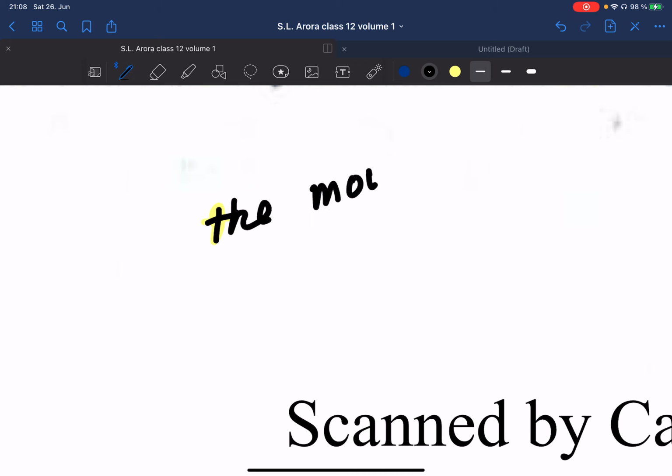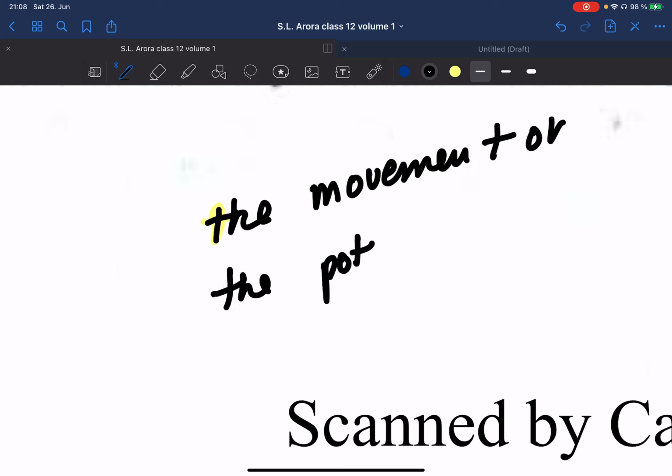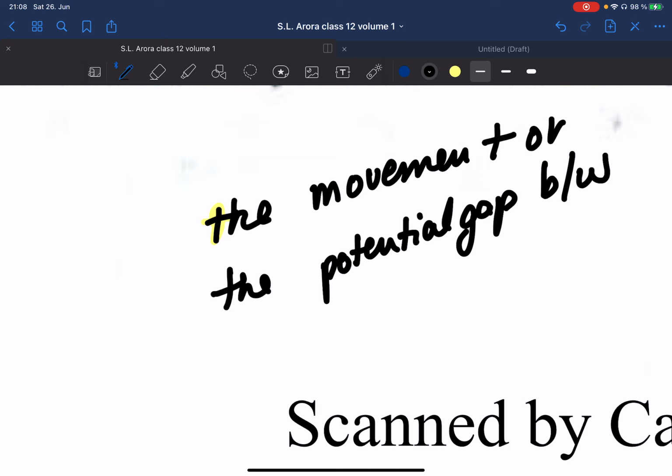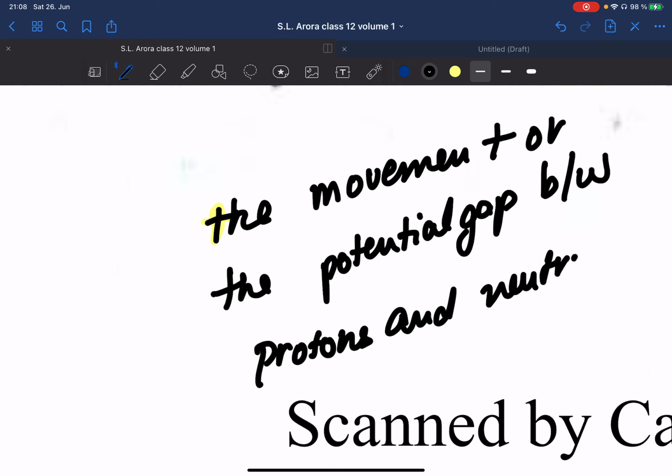The movement, or the potential difference, the potential gap, between protons and neutrons produces current.